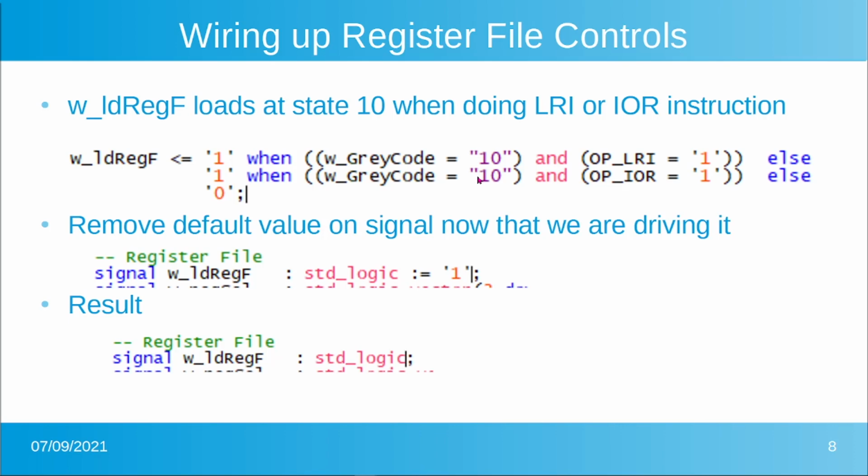We'll only latch the data in on the 2nd clock. So that'll make a load register file signal, and normally it's not going unless it's one of these 2 instructions and at that particular gray code. So that means we have to remove the default signals now that we're driving that register file load, and we're no longer going to be having it 1. We're going to get rid of that.